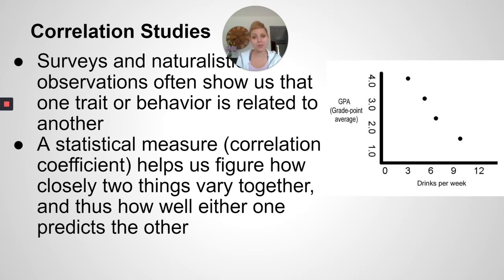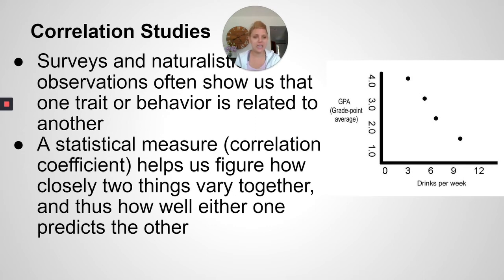So for example, my graph is depicting a correlation between students and what their GPA, their grade point average is, depending on the number. We're going to assume that they're drinking alcohol here and not milkshakes or something like that. That's going to be our assumption with our graph here.